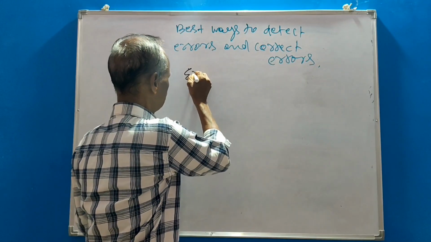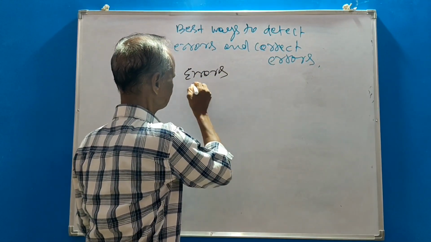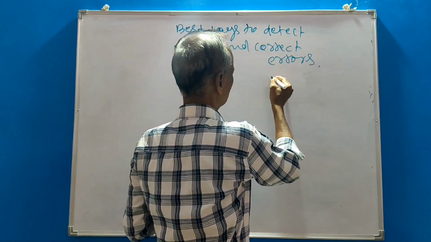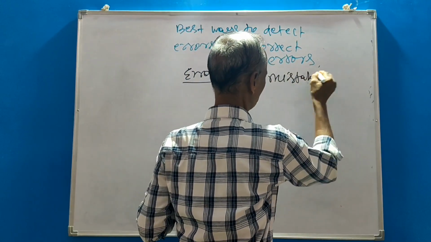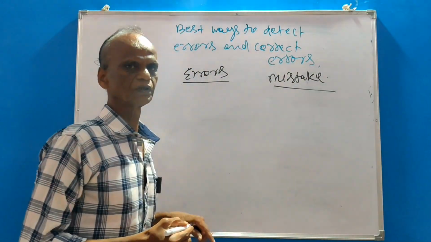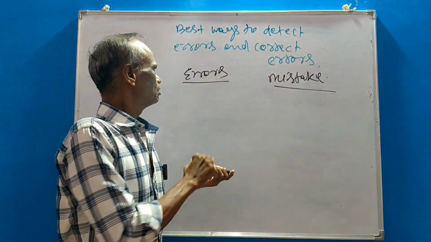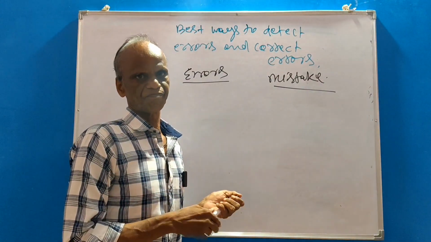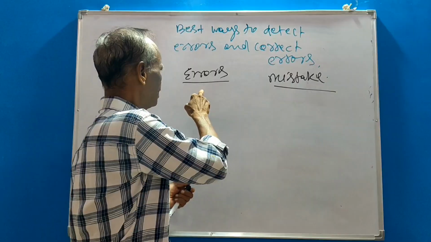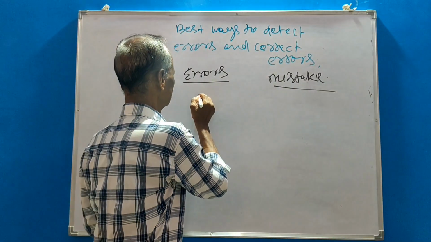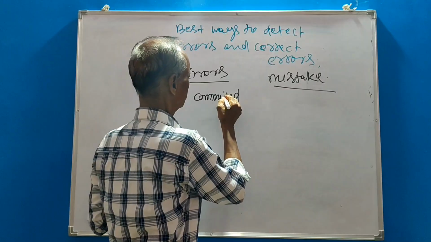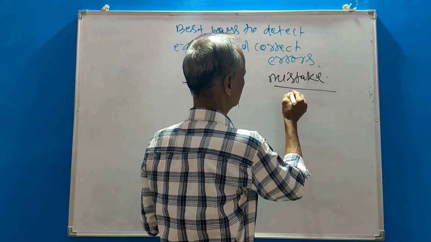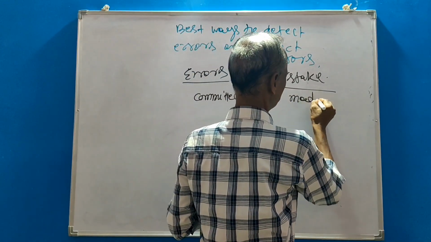So errors, mistakes. Errors and mistakes are not the same. Errors are committed, mistakes are made.